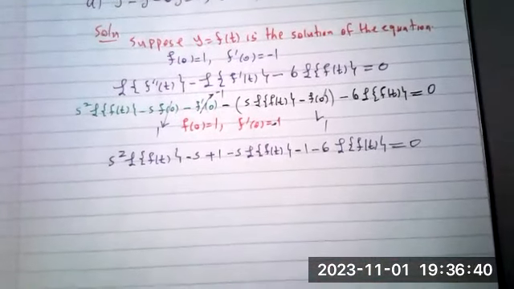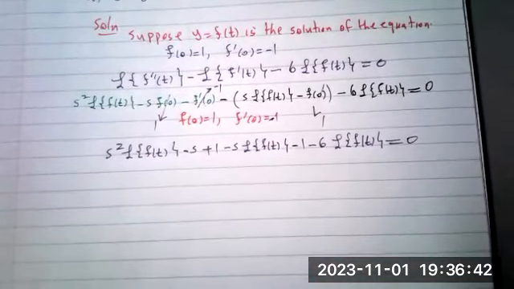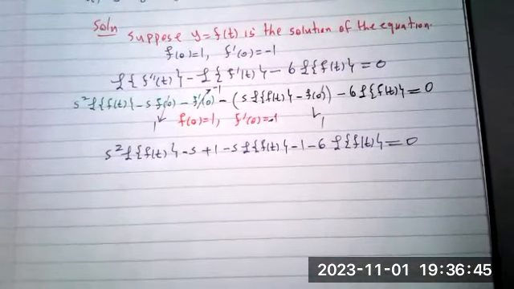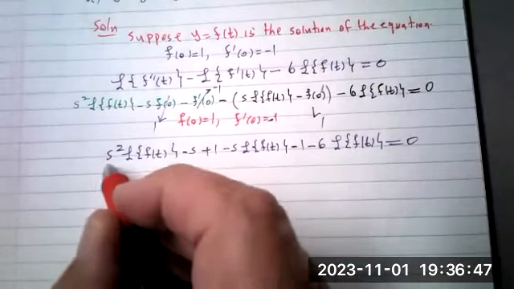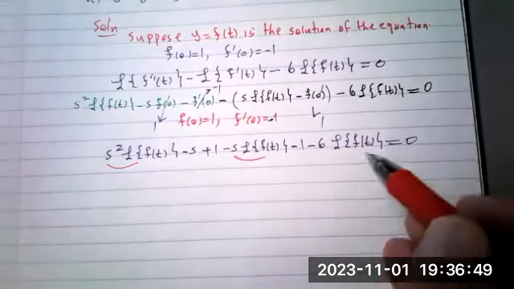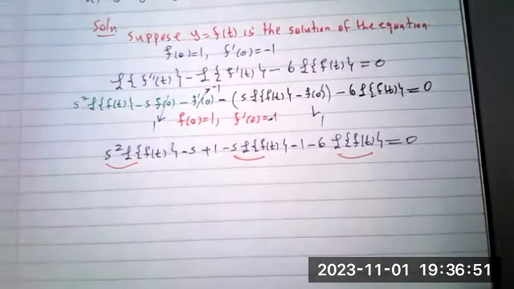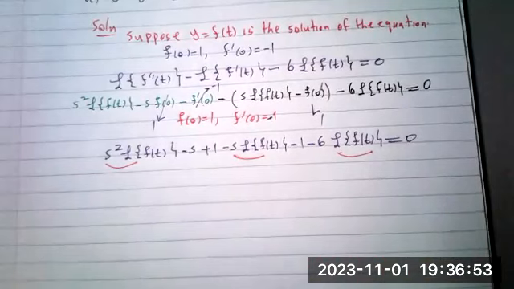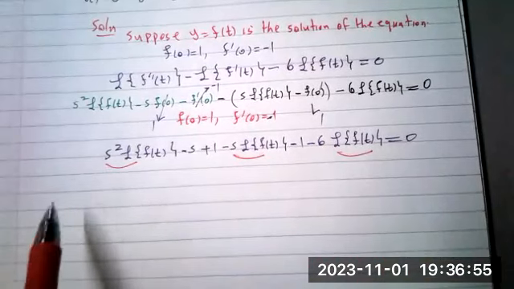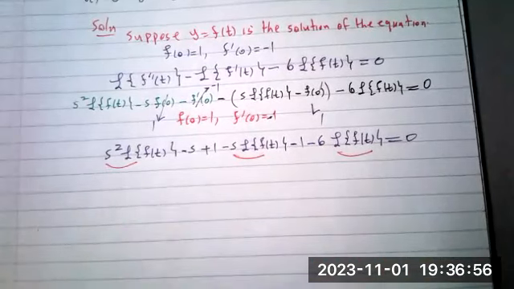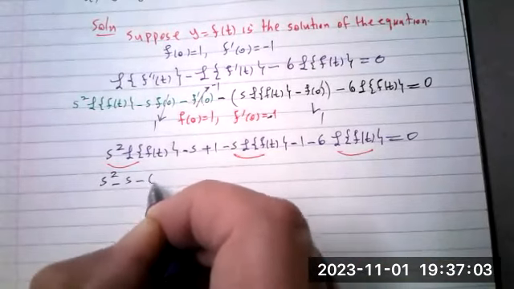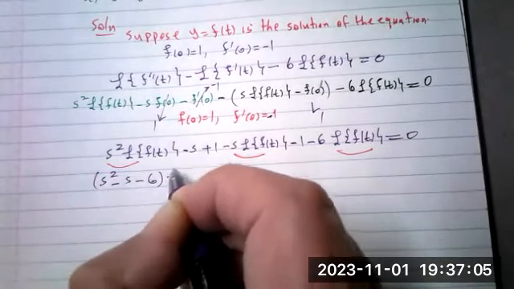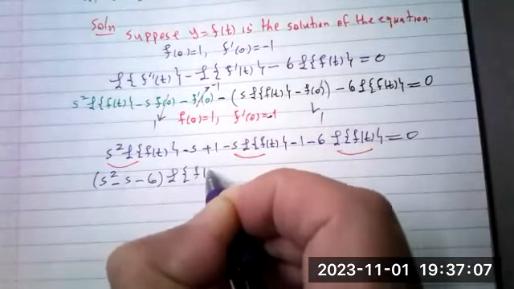Okay, carefully substitute. Now you are going to factor out Laplace of f of t. They are not going to be simplified. So this is going to be factoring it out. So what's going to be the leftover? s squared minus s minus 6 times Laplace of f of t.